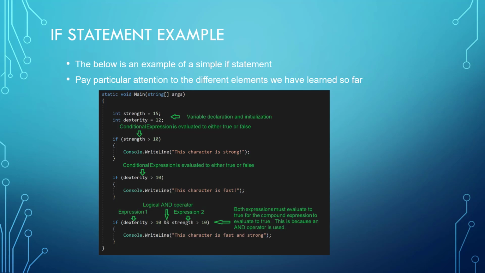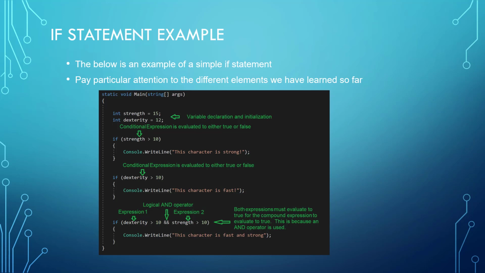Okay, now once we have our two variables, each containing values, a strength of 15 and a dexterity of 12, you can see that we go down a couple of lines and we come to our first if statement. This if statement is a conditional statement, and it has an expression in between the parentheses. There's a conditional expression, and it gets evaluated to either true or false. In this case, we're checking to see if strength is greater than 10. Now we happen to know that strength was given a value of 15.